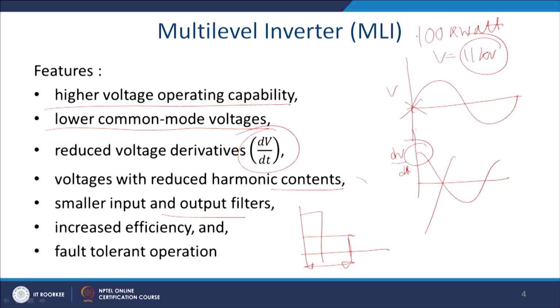Because you cannot feed a 100 kilowatt motor drive from 440 volt. The reason is pretty simple: you cannot have this much current flowing into the system, and thus you require a big copper wire, and also there are losses and other issues. So, that voltage also will be in that range to have optimal operation.